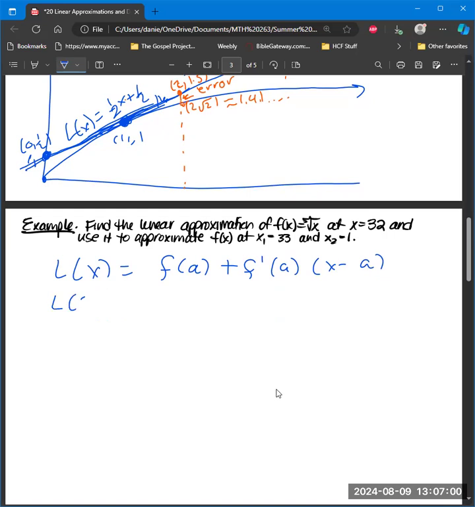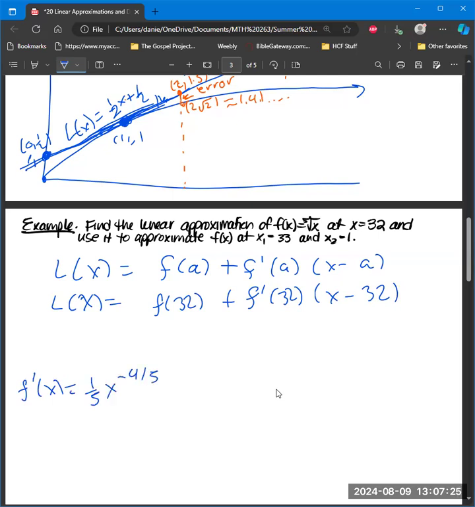Let's plug some stuff in here. L of x is equal to f of a. So this is going to be f of 32 plus f prime of 32 times x minus 32. Just a second here, f prime of x is 1/5 x to the negative 4/5, which is equal to 1/5 times the 5th root of x raised to the 4th power.